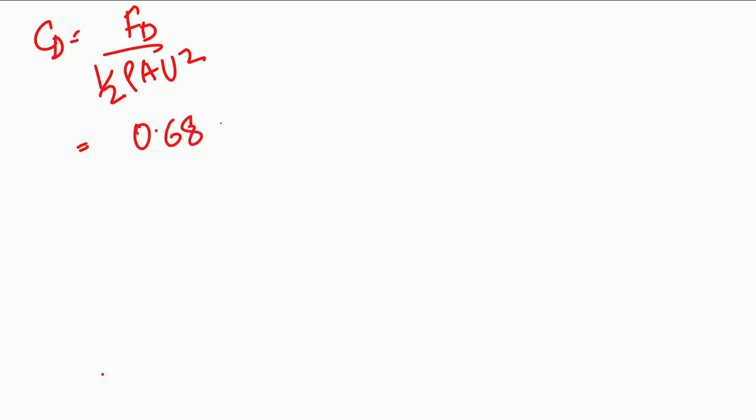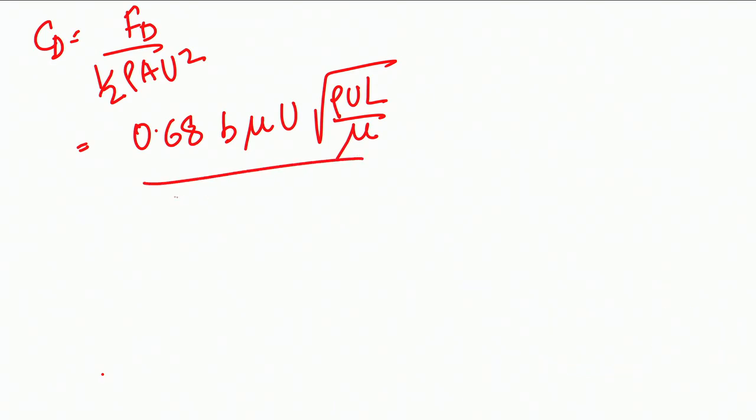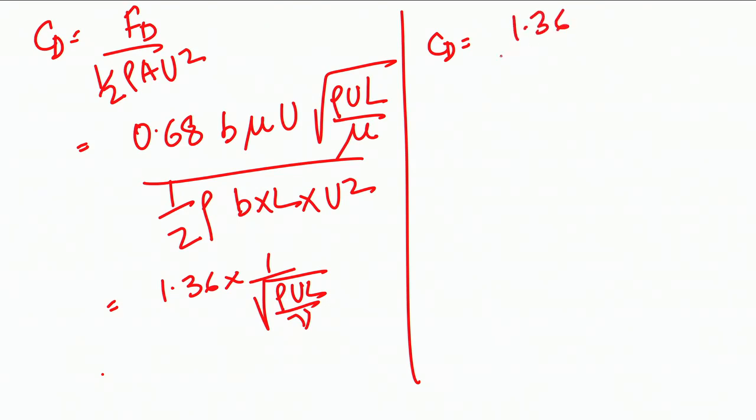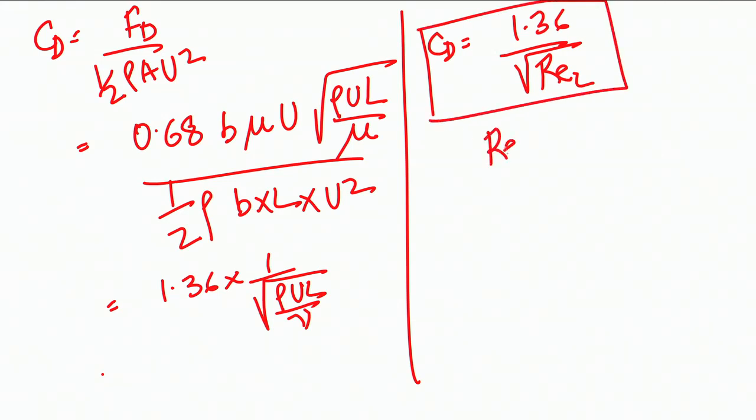It is 0.68 b mu capital U under root rho U L by mu divided by half rho, where the area is b into length into U square, and this will give us 1.36 into 1 by under root rho U L by mu, or finally CD is 1.36 by under root Re L, where Re L, the Reynolds number at length L, is rho U capital L by mu.